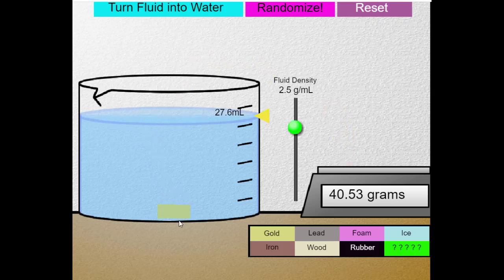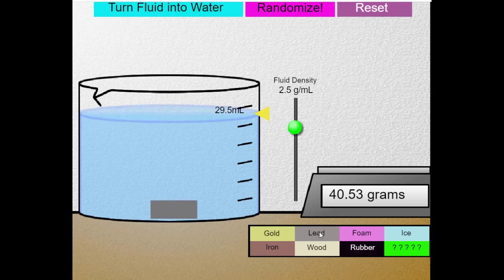So to find the volume of the lead, we do 27.6 minus 25.5, and I get 2.1 milliliters. So we're going to do our mass divided by volume. So 40.53 divided by 2.1, and we get a density of 19.3. That is greater than the density of the liquid, so it will sink.